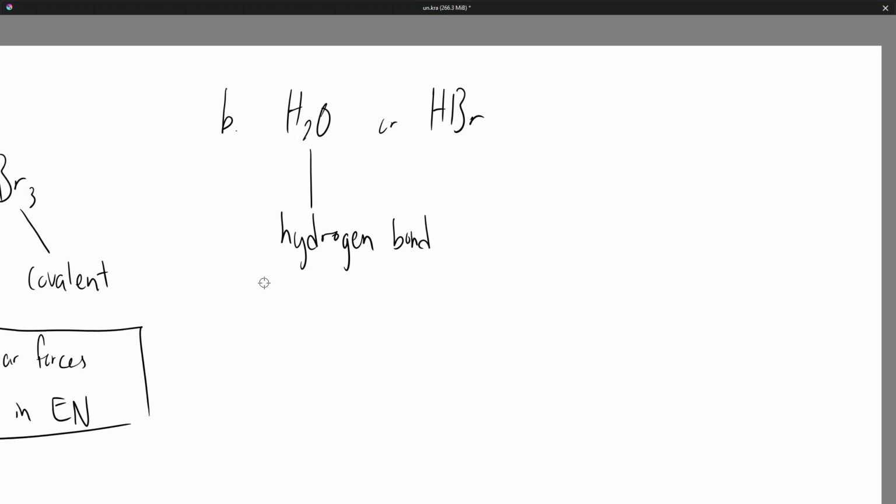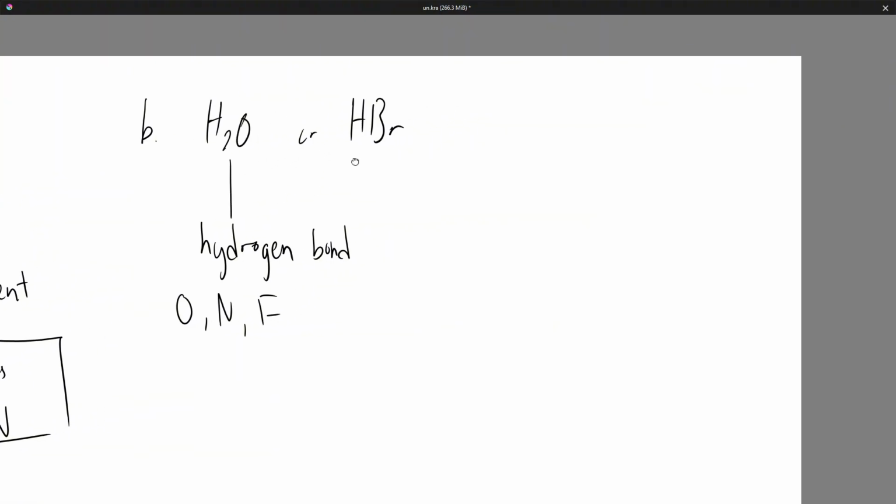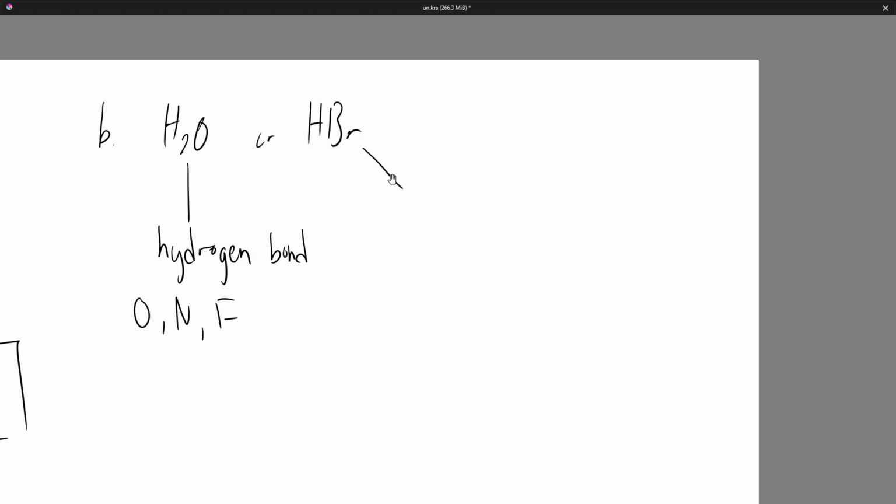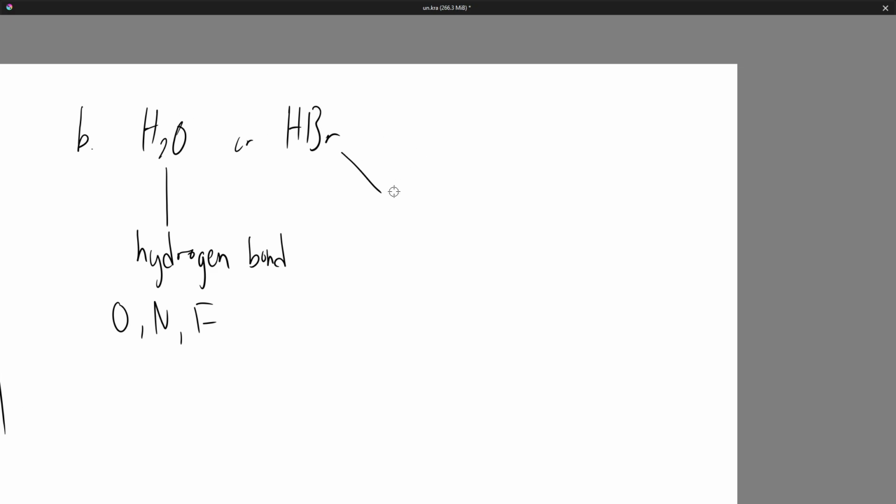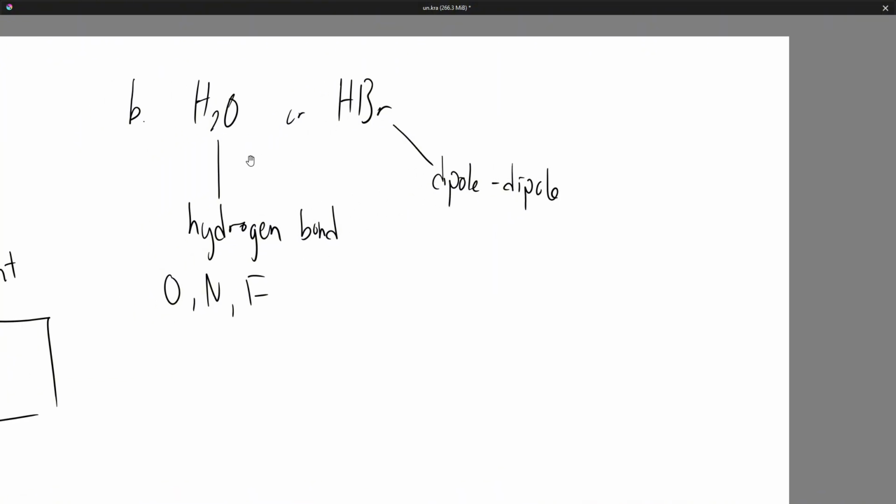So when hydrogen is bonded to either oxygen, nitrogen, or fluorine, it makes a hydrogen bond. So this is a hydrogen bond. This isn't a hydrogen bond. It's just a covalent bond. I think it's a dipole-dipole, I'm pretty sure. Dipole-dipole isn't as strong as a hydrogen bond, which means this would be our choice for which has the higher boiling point.